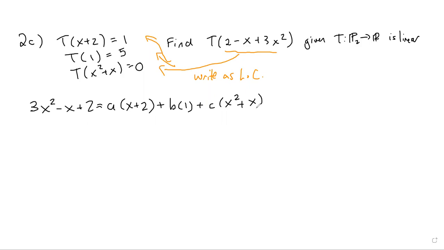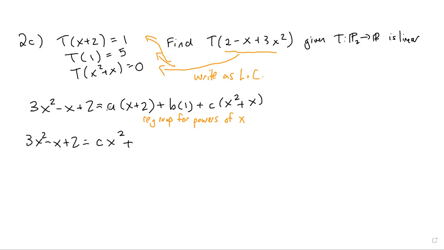And to make these two things identically equal, we have to match the coefficients. So I'm going to regroup for powers of x. And so I'm going to have 3x squared minus x plus 2. And so in the x squared, the only one I can grab there is the c on the right there.